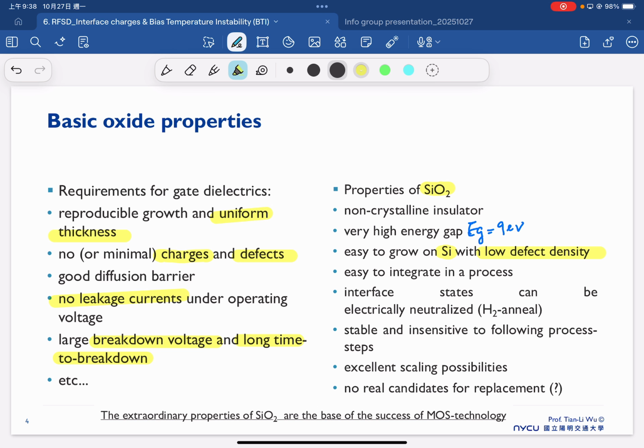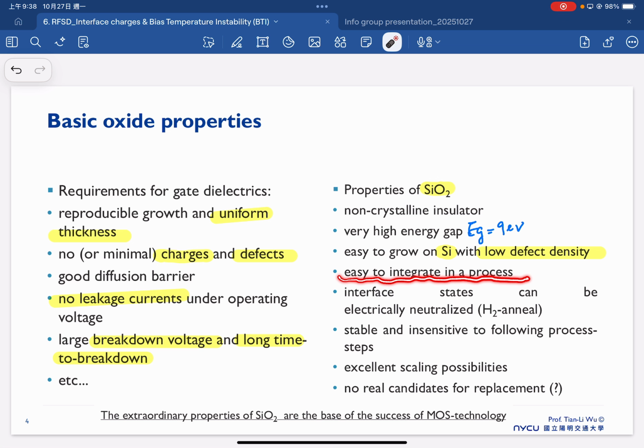And also it's very easy to integrate in the process, because when you try to make a device, you have to also think about the integration of one kind of process with the whole process flow. So the silicon dioxide is very easy to integrate in the whole process.